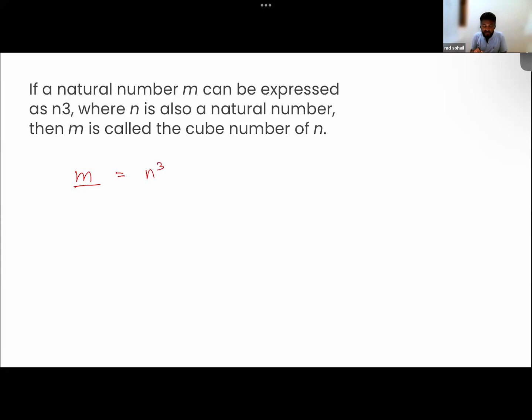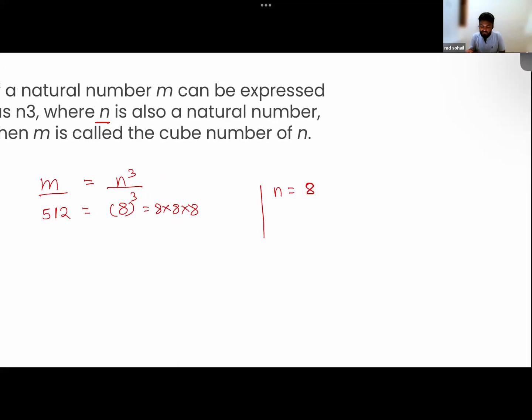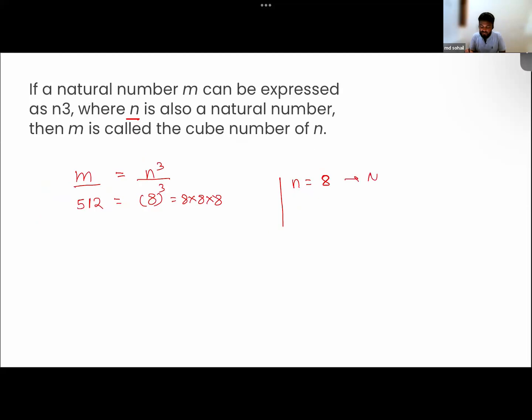For example, I have taken 512. 512 can be represented as 8 cube, meaning 8 multiplied by 8 multiplied by 8. Here this n, that is 8, is a natural number, right guys?